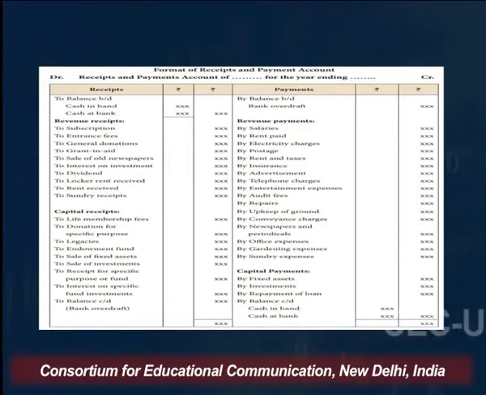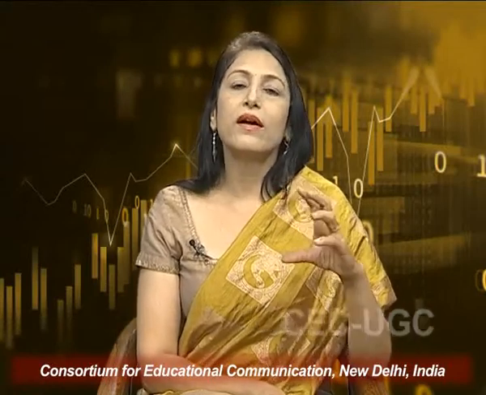You may like to just put all the items together in a running format, but it is recommended that if we put receipts of revenue nature in one class, and all the capital items in a separate class as a second class, then this will give you classified information, which means the total of revenue receipts and the total of capital receipts can be assessed in a lump sum, in an absolute value. So, that is what we show in the first column.